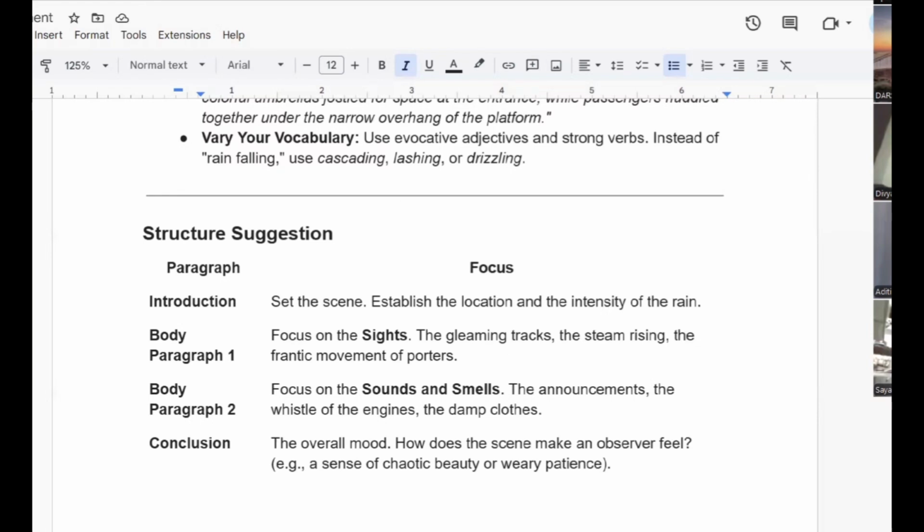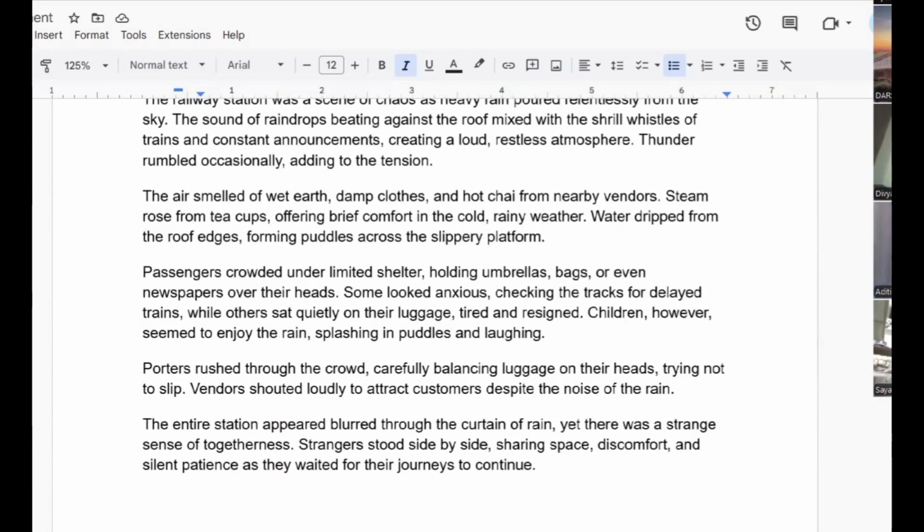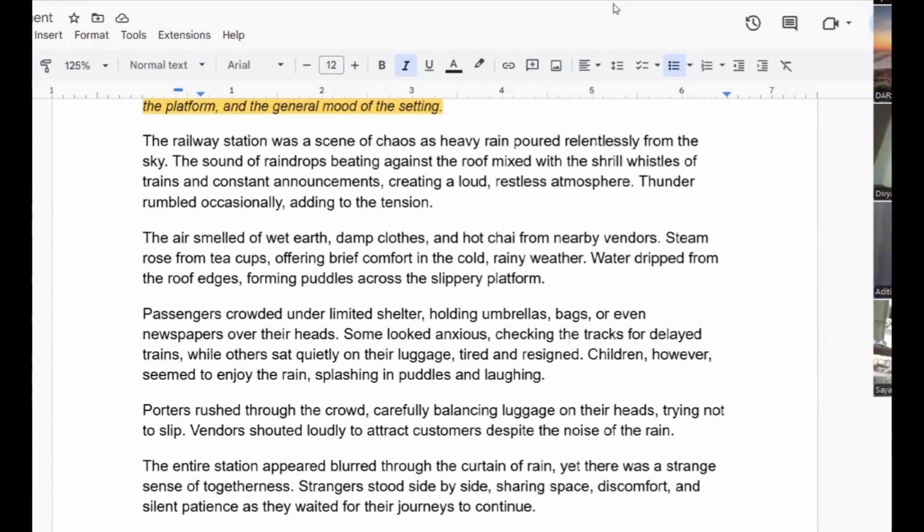Yes. Now let's go a little ahead and see this conclusion paragraph once again from the sample description. See how this conclusion paragraph talks about the overall mood and how the scene makes the observer feel. Let's focus on the last paragraph.